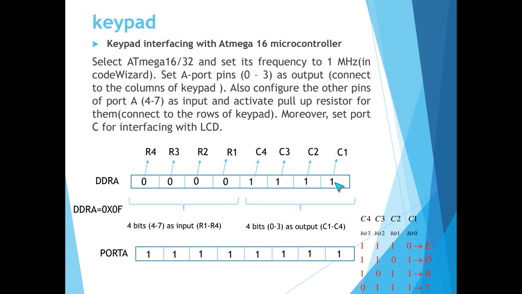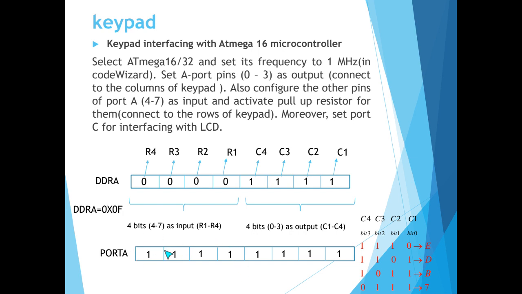Why? Because the output pins which are connected to the columns have high voltage, and the input pins have the pull-up resistor activated.